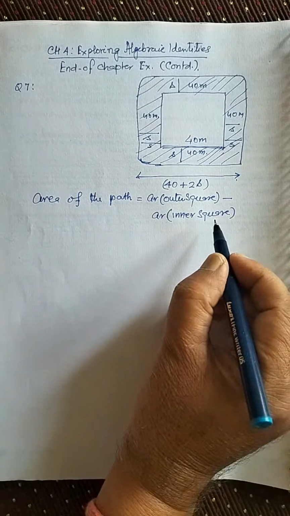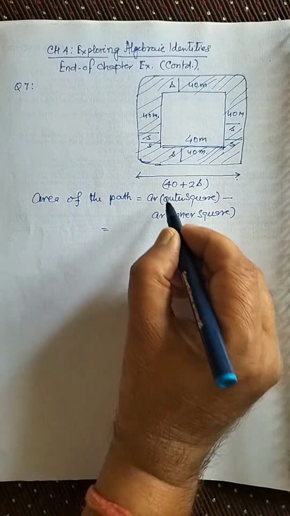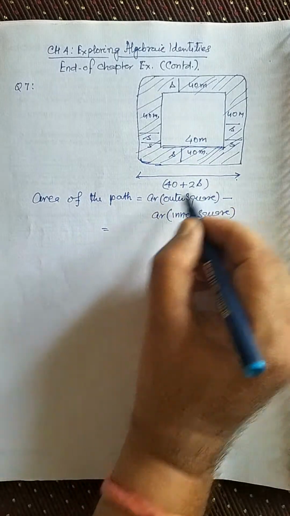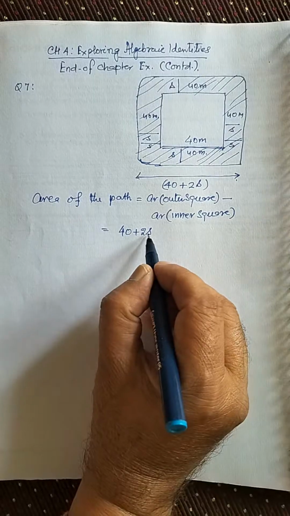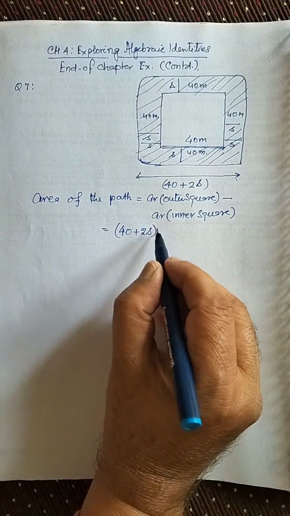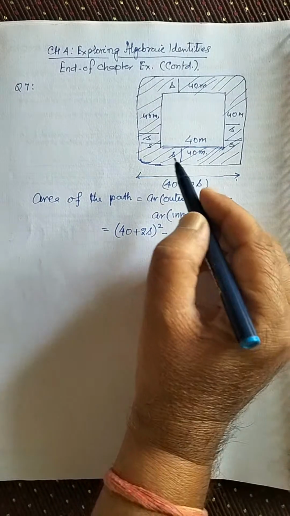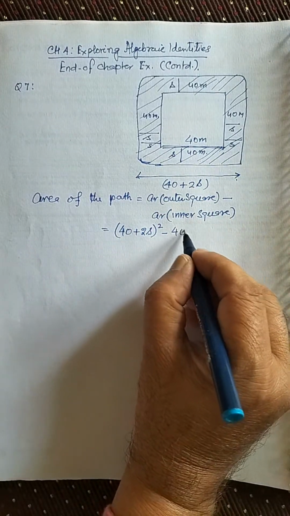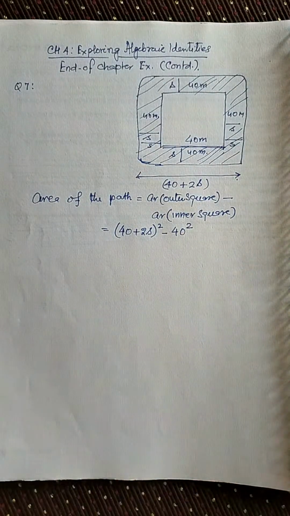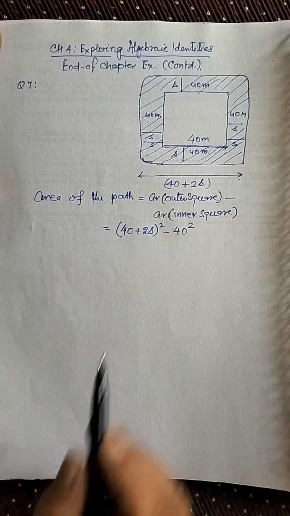Hope this is clear. Now just put the value. Outer square, the side is 40 plus 2s. So the area is side square minus the inner square, the side is 40. So this is the expression.